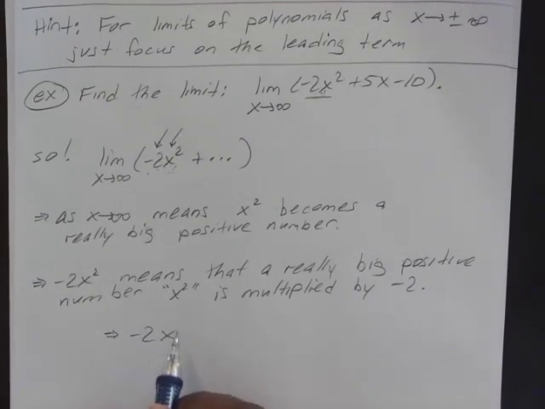So that negative 2x squared is just a negative number times a really big positive number.